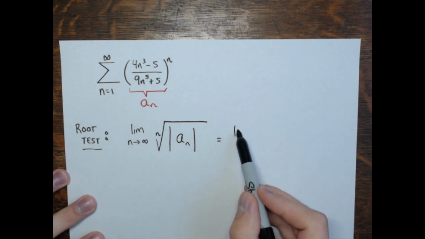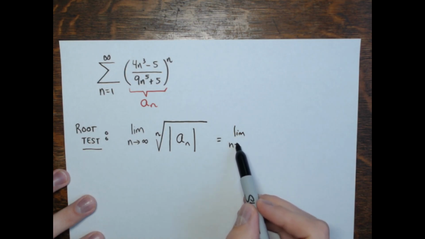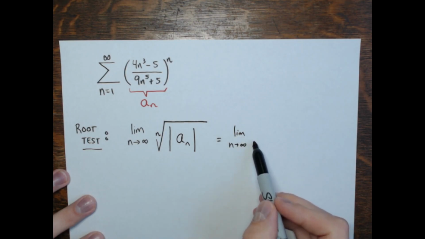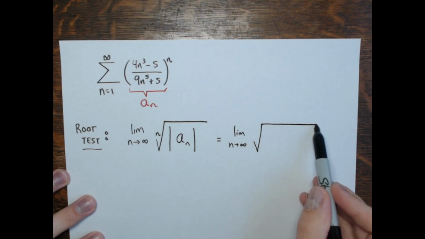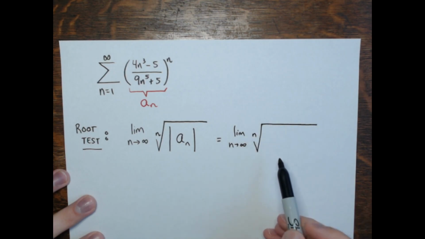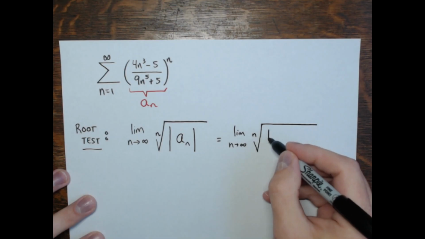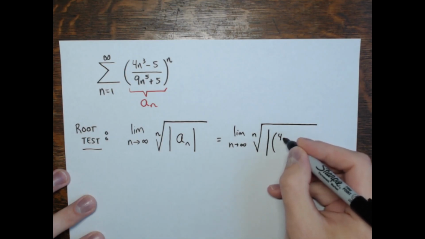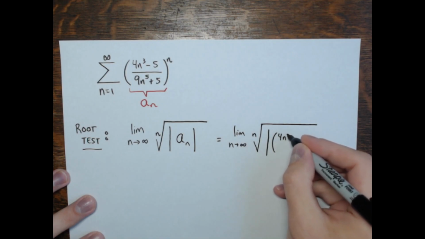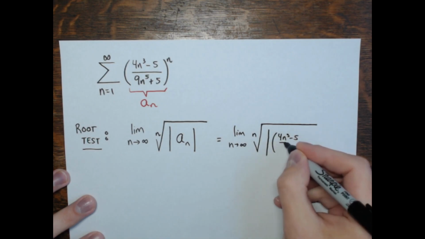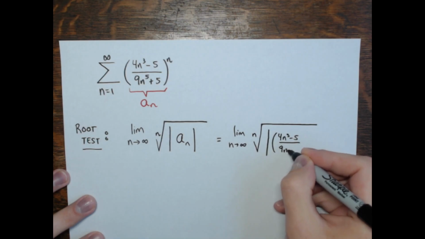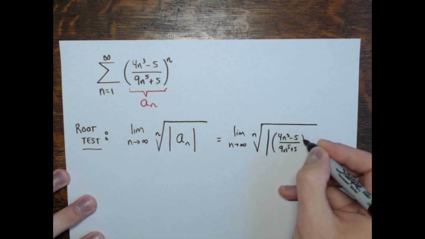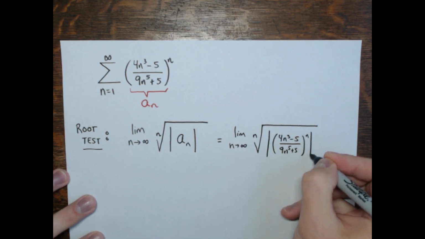So this would be the limit as n approaches infinity of the nth root of the absolute value of these terms here, 4n cubed minus 5 over 9n to the 5th plus 5, to the nth.